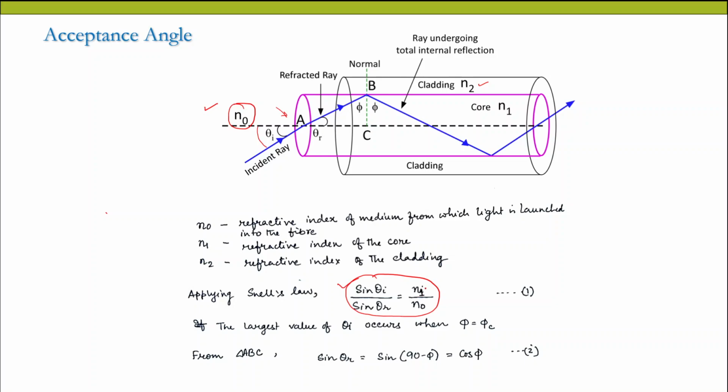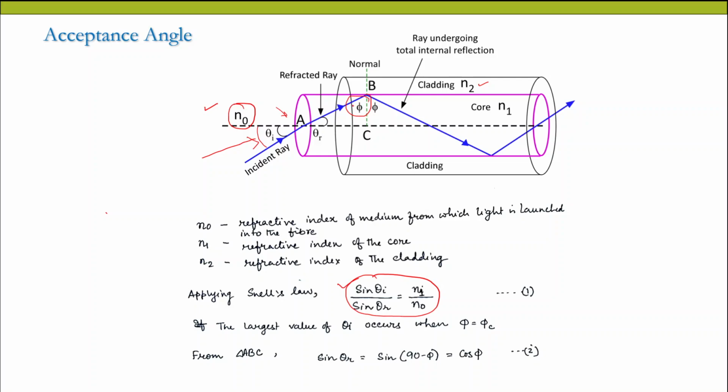Now you see here, if we increase the value of theta I beyond a certain limit, this angle phi will decrease, and beyond this limit this phi will drop below the critical value phi c.